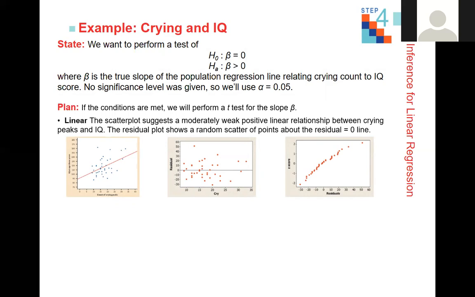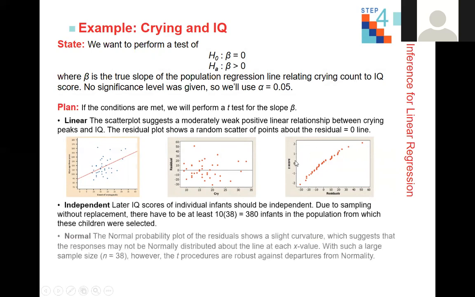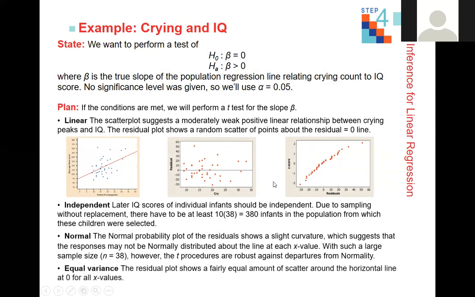The line seems like an okay fit. This is the normal probability plot over here, so that'll help with our normal condition as well. The other one I want to highlight again is equal variance. The residual plot shows a fairly equal amount of scatter around the horizontal line at 0 for all x values.